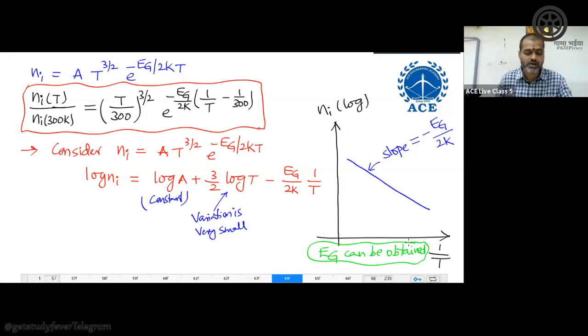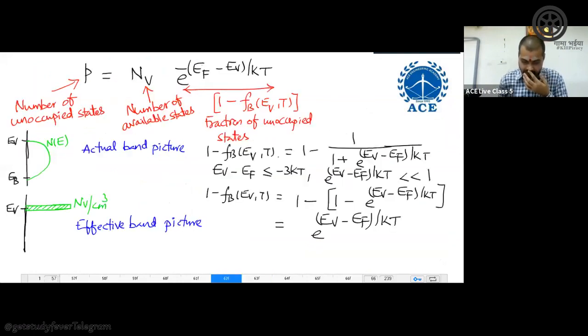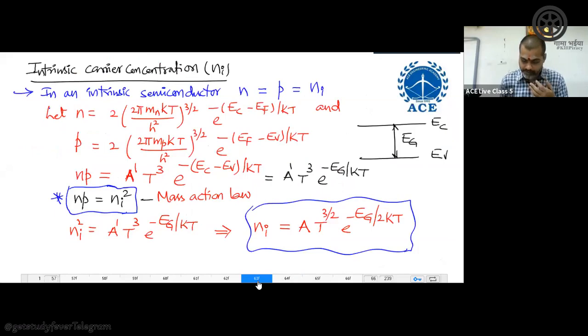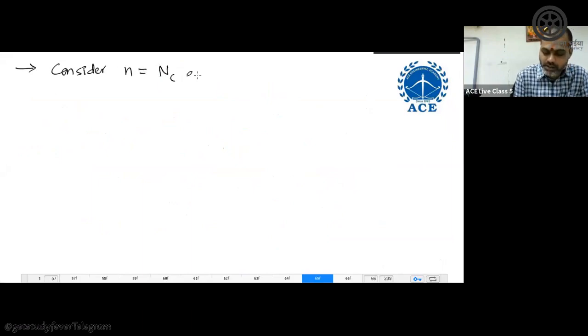So this is how you can interpret the mathematical equations we have. Now I think we have done with one mathematical equation. We'll take another. Now consider n is equal to Nc into e power minus (Ec minus Ef) divided by kT.